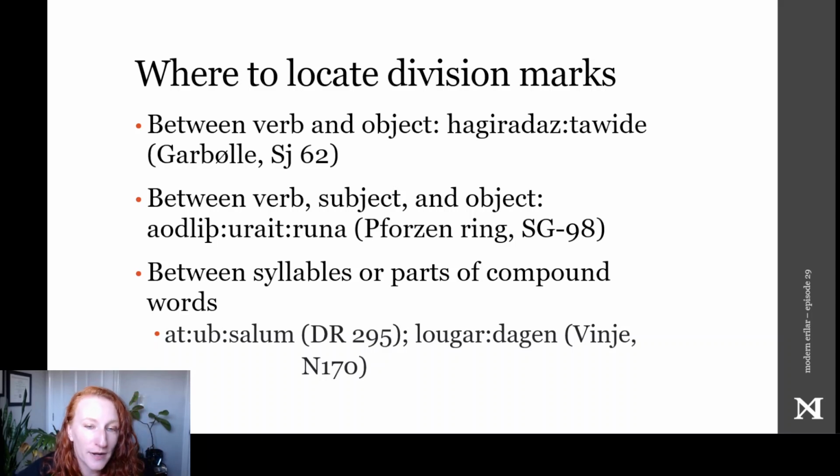You can also divide compound words, especially if the components themselves function as words in their own right. An inscription from the Vinje Stave Church does this, where they divide the word for Saturday, Laugardagen, into Laugar and Dagen.